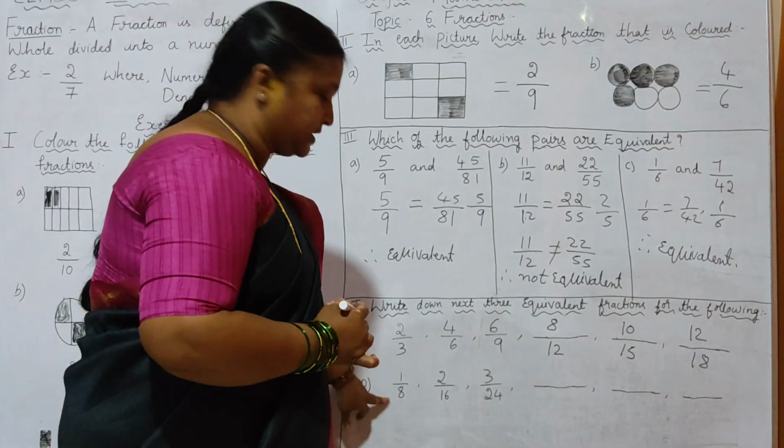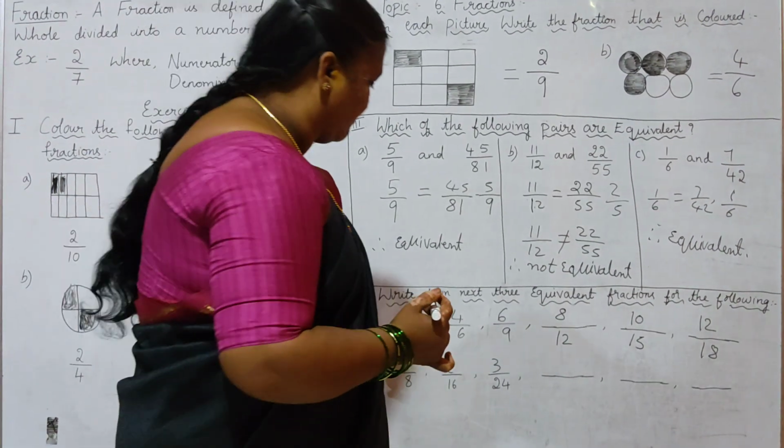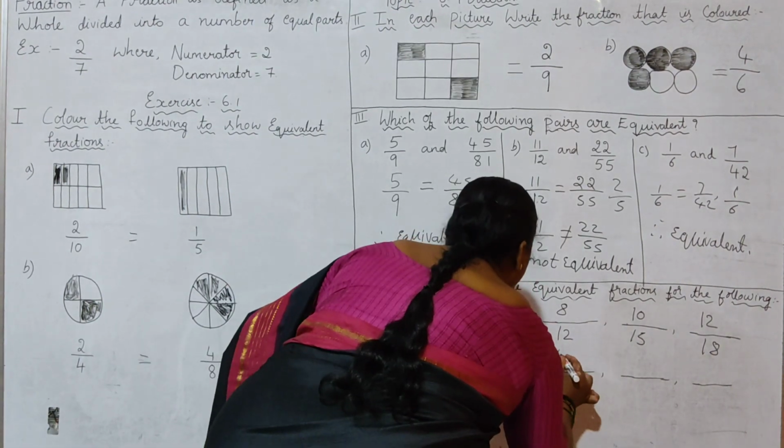Next here, 1 by 8, 2 by 16, 3 by 24. Continuation. 1 ones are tables. 1 ones are 1, 1 twos are 2, 1 threes are 3, 1 fours are 4.